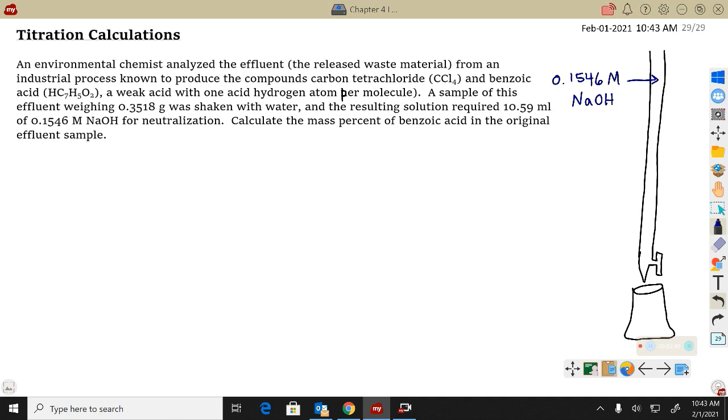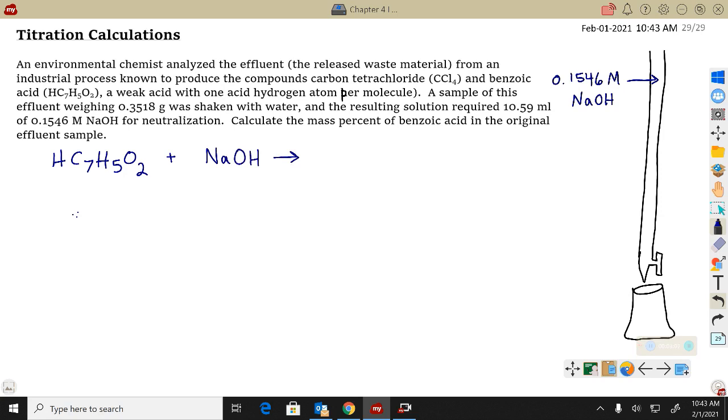And eventually we're going to get a balanced equation that would look something like this. The acid from the waste mixture, HC7H5O2, it would react with the sodium hydroxide. And technically this is an acid-base reaction, but we'll talk a lot more about acids and bases later.